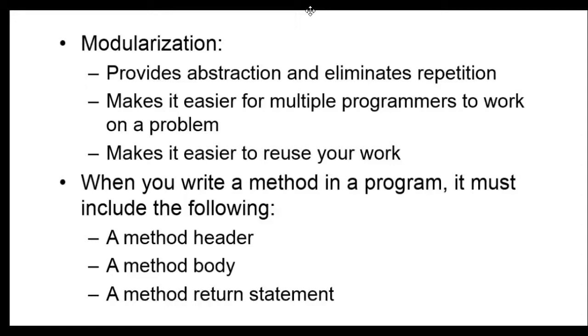If I'm going to do something multiple times in a program, and I'm ever tempted to copy and paste a set of lines of code, I should think, maybe I should make that a method or a subroutine. It makes it easy to reuse our work, and easier for others to use your work. Essentially it has three pieces: a header, a body, and a return, and that's it.